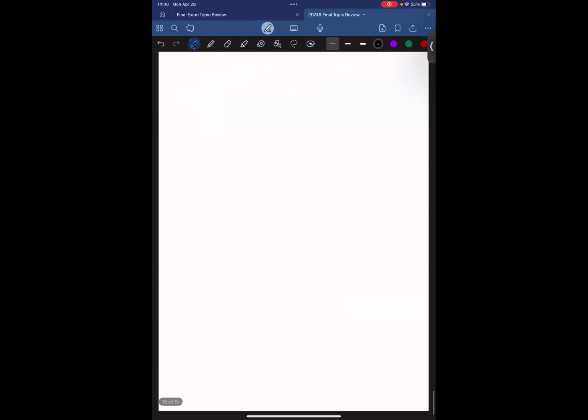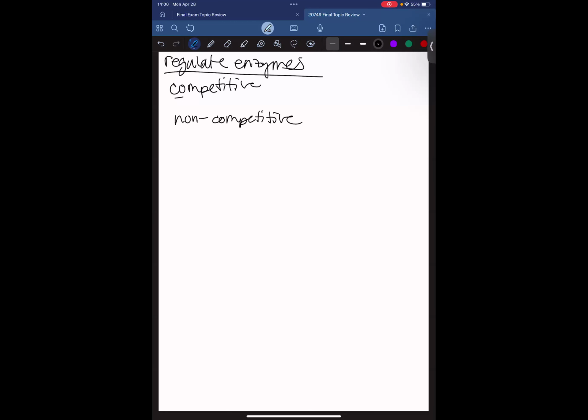So there's that stuff. Also different kinds of ways that we can regulate enzymes. This will be either competitive or non-competitive. The difference is in competitive enzyme inhibition, the inhibitor binds at the active site where the substrate normally goes.